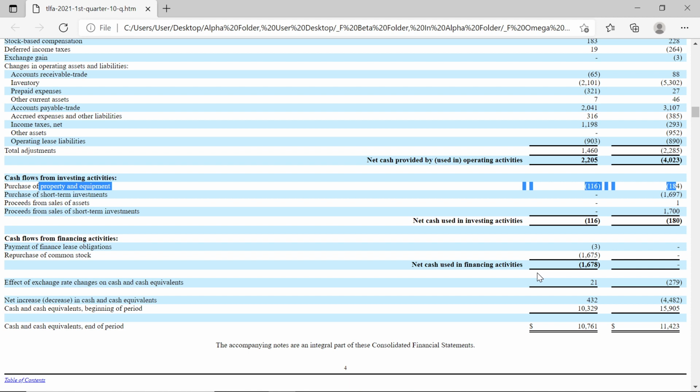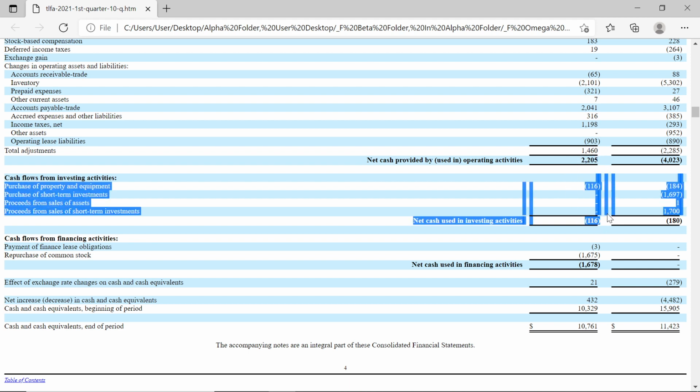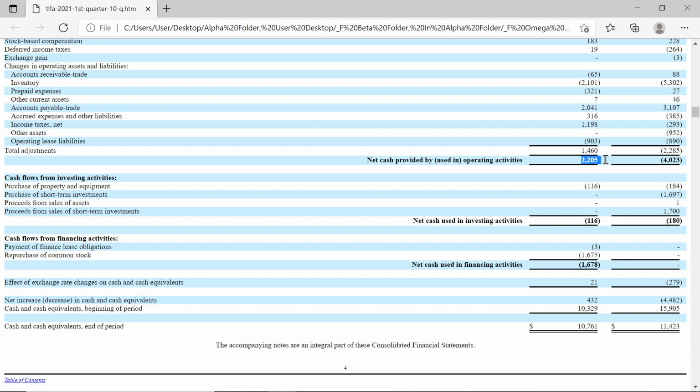Yes, I know Tandy Leather Factory has factory in the name, but they are not operating any factories. Okay, but they do have really good quality control and all that. They basically have other people operate the factories for them, so it doesn't show up on their income statements. And that's good for us because that 2.2 million doesn't have really a big minus here. So that's a solid 2.2 million that's coming into the business.